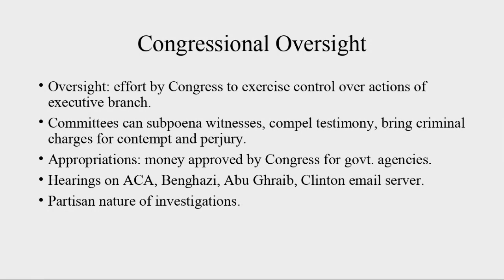If someone doesn't show up when subpoenaed, that's contempt of Congress, and they can be put in jail. Same with perjury. If you lie to Congress, you can go to jail. So if Congress subpoenas somebody, they damn well better show up. They better not lie to Congress, because they can throw you in jail, and they will throw you in jail.